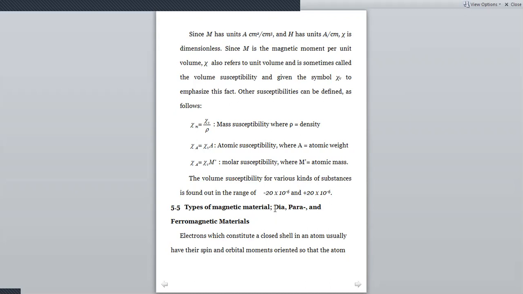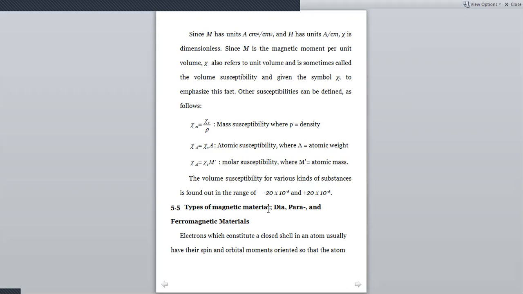Diamagnetic materials are those materials which repel the magnetic lines of induction or magnetic lines of force. Suppose we keep a diamagnetic material in a magnetic field; it repels the magnetic lines of force.